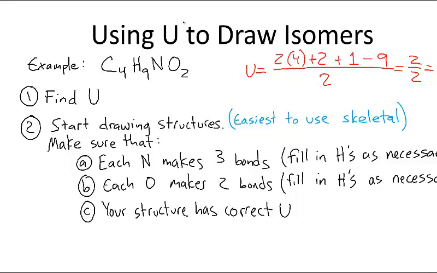So if you find yourself drawing more than one pi bond or more than one ring, remember only 2 bonds for oxygen. So if oxygen has a double bond, there's no hydrogens on it.